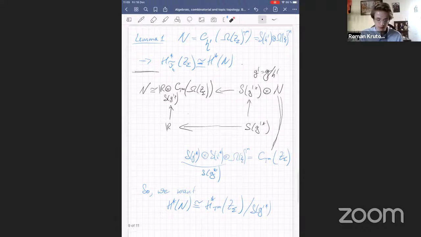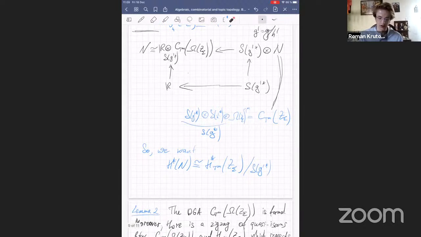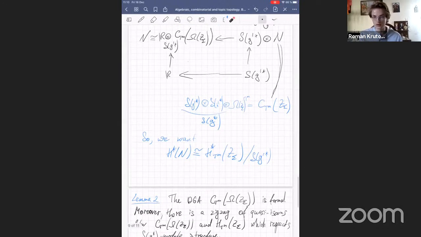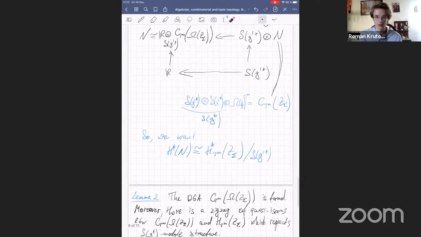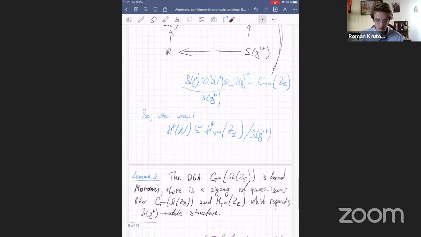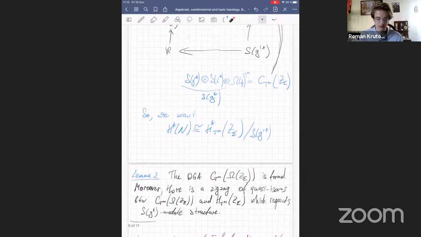Okay, so this is our plan for the last 10 minutes to show the proof of this fact. And it's actually equivalent to the form of this isomorphism written above. The main step here is that this differential graded algebra standing for the Cartan model of TM action on the moment angle manifold is formal.